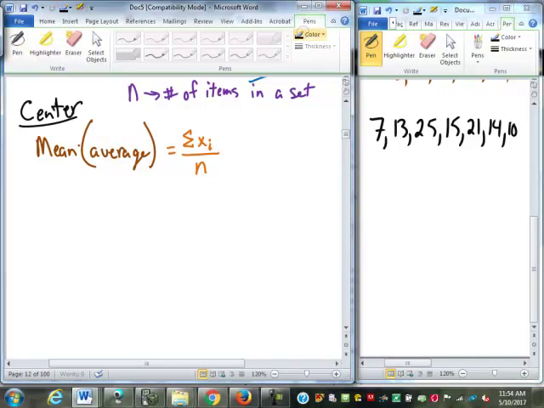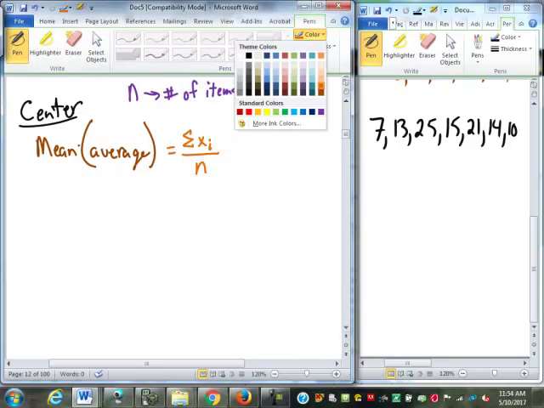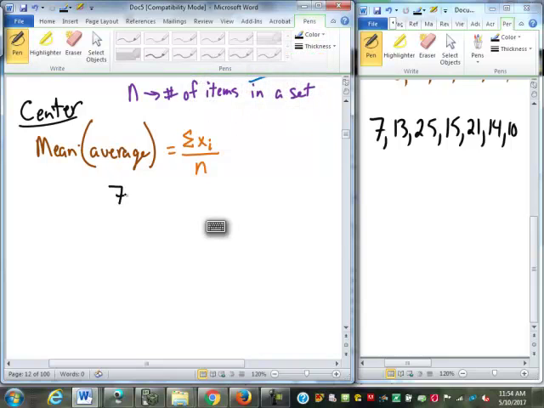So to find the mean of those numbers, I'm going to add them up. So 7 plus 13 is 20, plus 25 is 45, plus 15 is 60, plus 21 is 81, plus 14 is 95, plus 10 is 105.